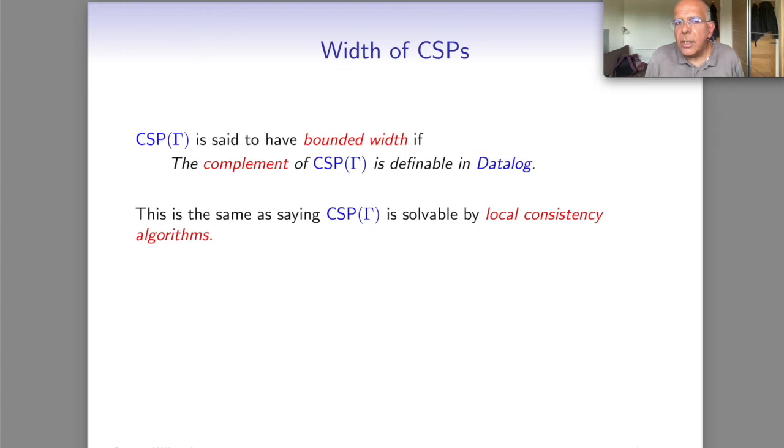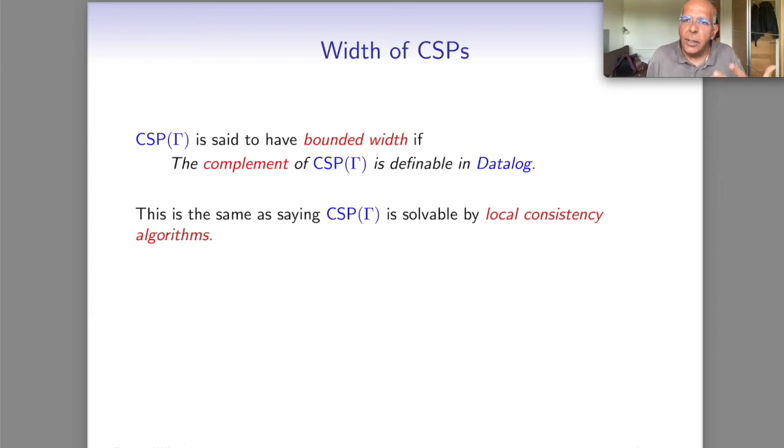And really this corresponds to solvability by a very natural class of algorithms called local consistency algorithms. And that's really what Datalog kind of expresses. Datalog is in some sense looking for inconsistency or unsatisfiability of a constraint satisfaction problem by constraint propagation, which is what local consistency does, sort of greedy constraint propagation.